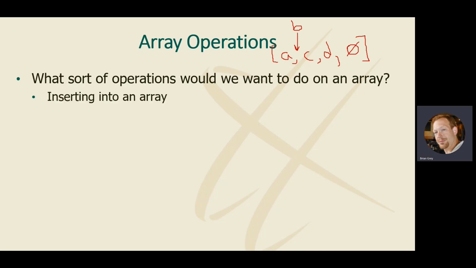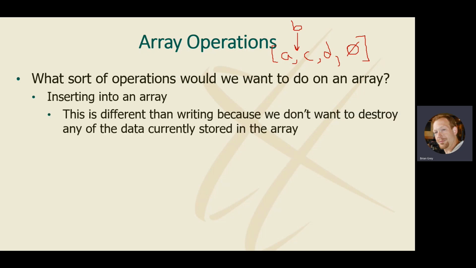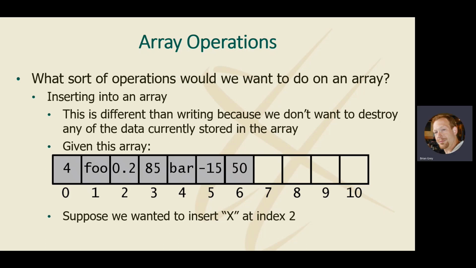So this process is called insertion. We want to insert data into our array without destroying the data that's already there. So let's say that we have this array, okay? And we want to insert X at index 2. So X wants to go here.